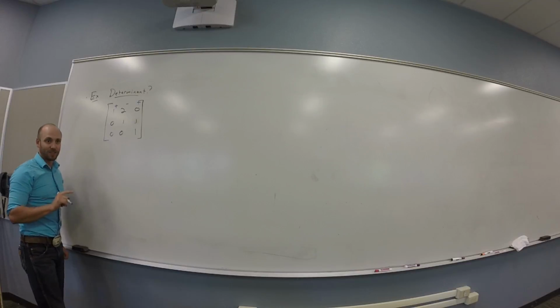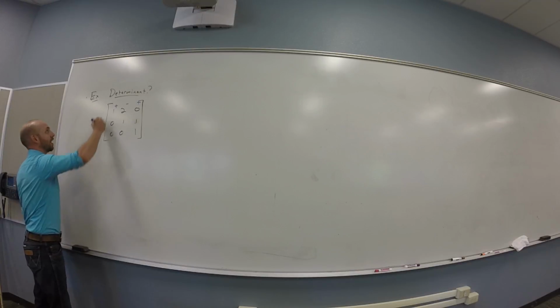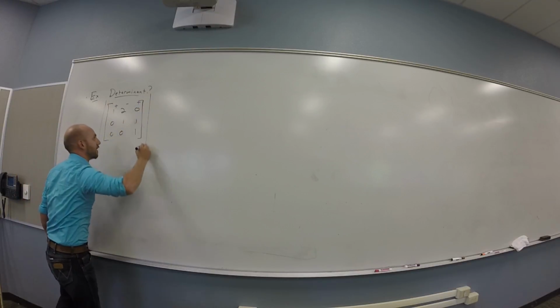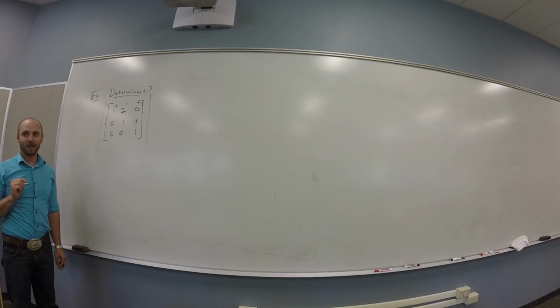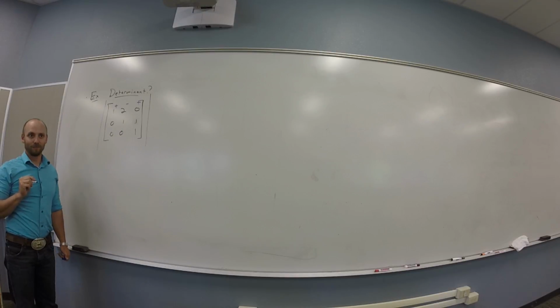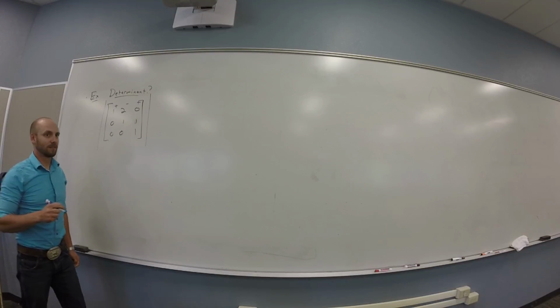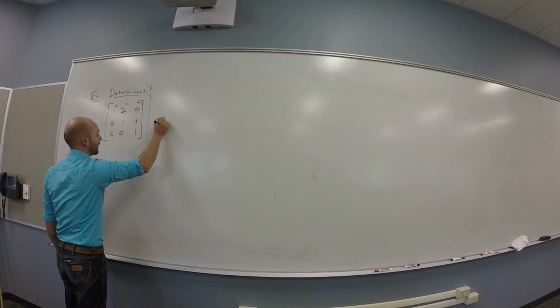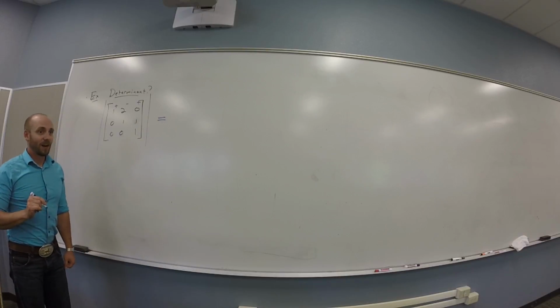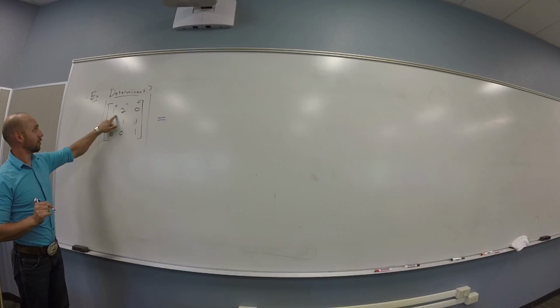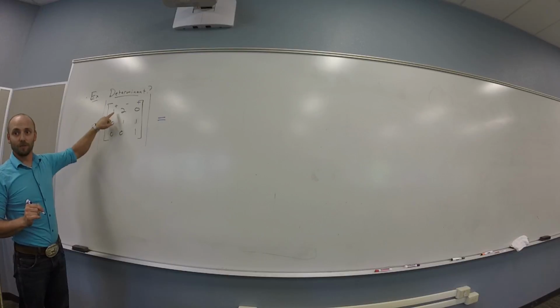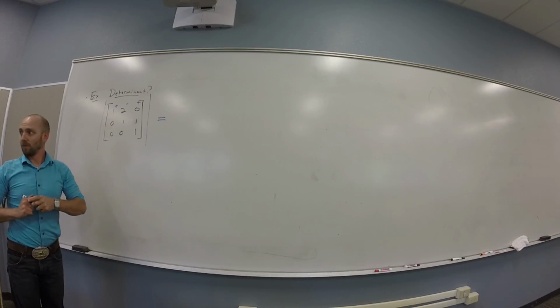So what you're going to do is you're going to say, okay, the determinant of this thing, which we're going to write as absolute value bars, because in some sense it is kind of the size of what's going on here, is, then write down your numbers with their associated signs. So your first number here is what? Positive 1.